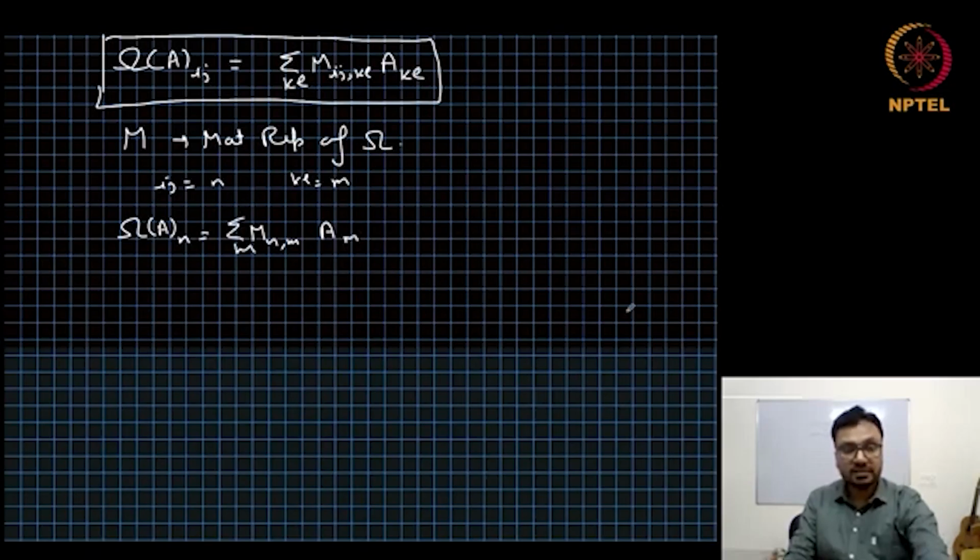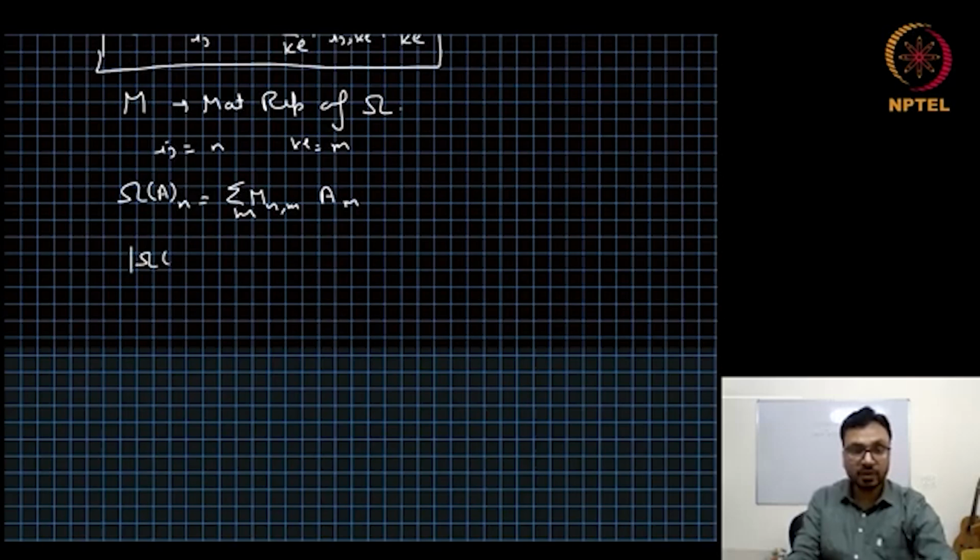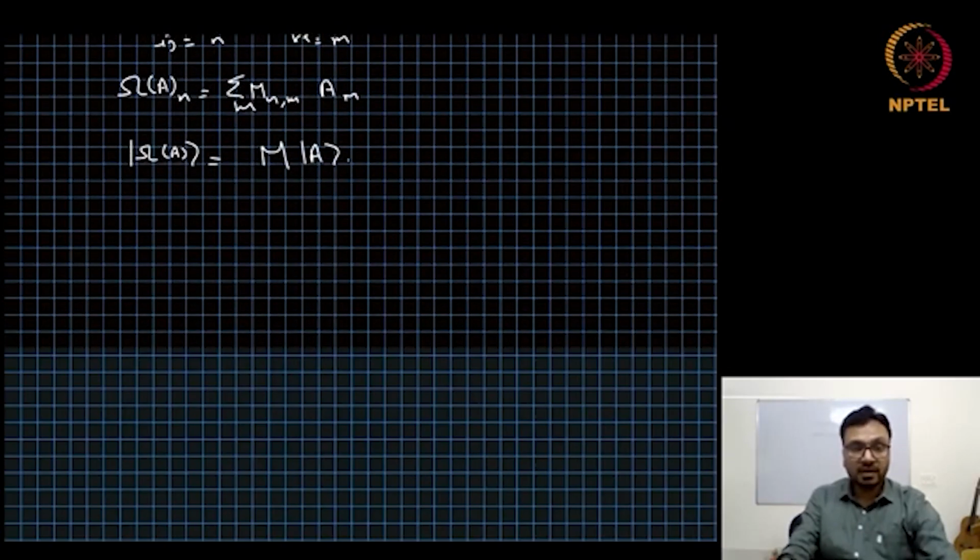In that way, you can see that we have a vector which is omega of A, and that is equal to some matrix acting on vector A. So how is this vector A related to the matrix A? Here is the recipe.